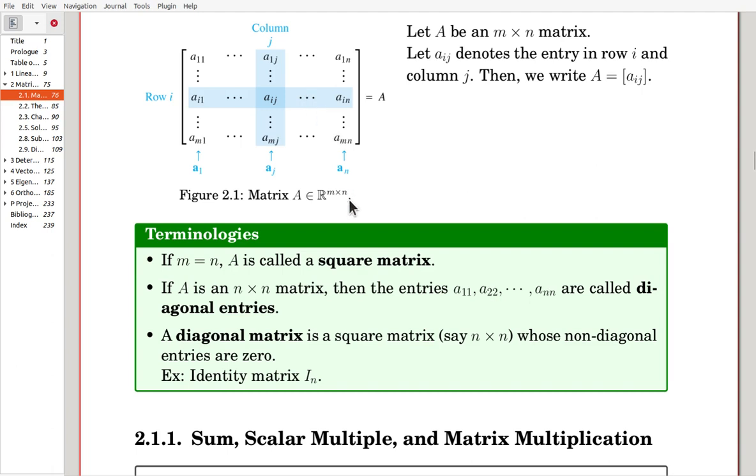And also we'll use this notation: the first column is indicated by boldface a sub 1, and in general, the jth column will be denoted by a sub j.